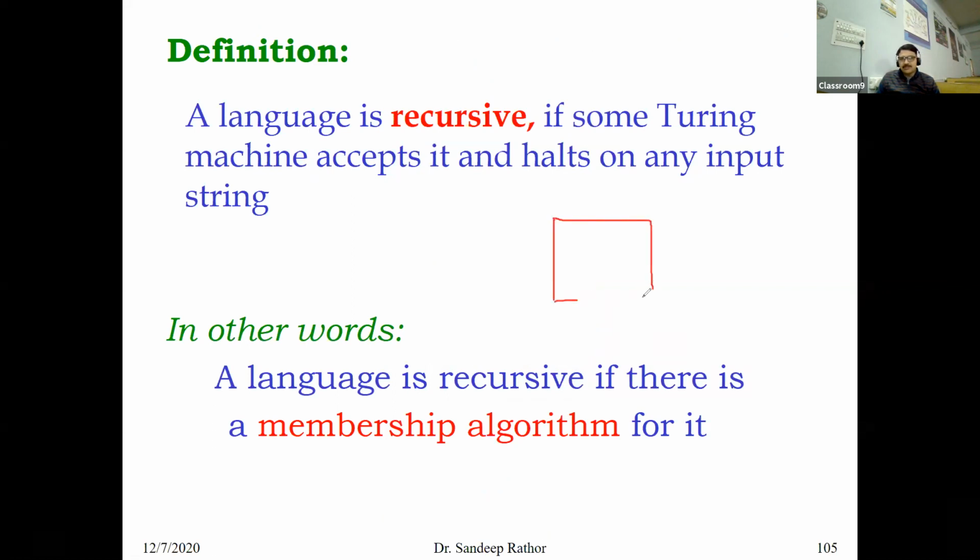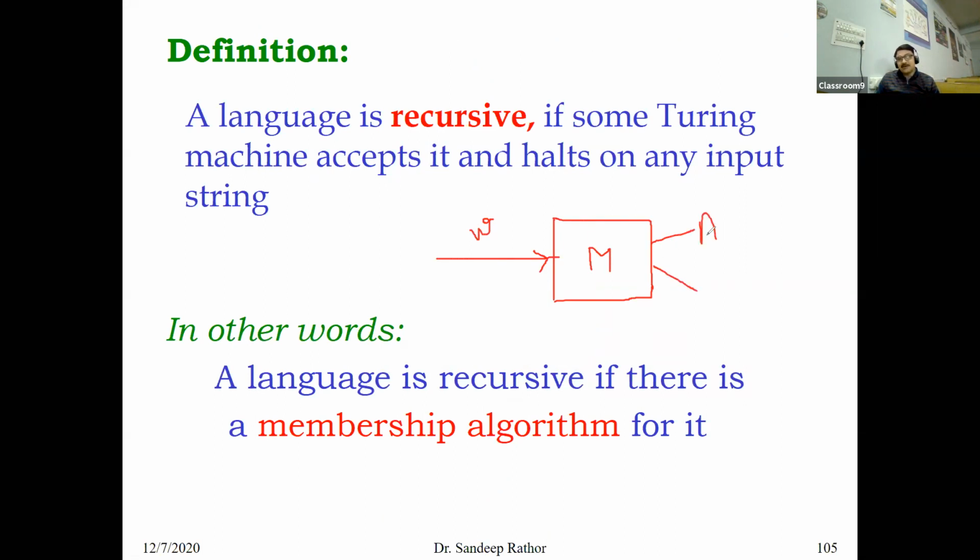Suppose this is the Turing machine; the definition can be represented clearly with the help of a diagram. If M is the Turing machine and W is the string passed to it, after execution the Turing machine decides whether to accept or reject, and then the machine reaches the halt state.